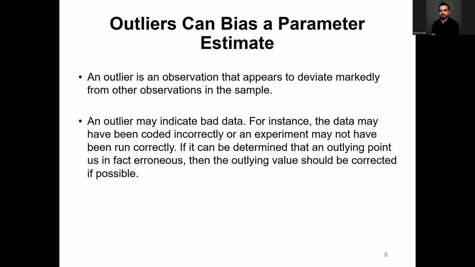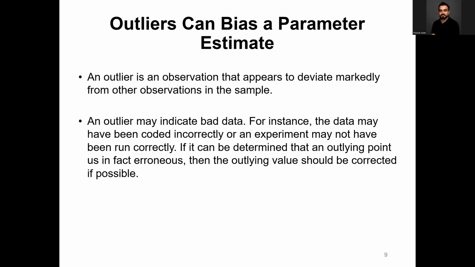So for example, let's say I measure BMI on 100 people. And the mean of the BMI in my sample is 25. I add one more participant to my data set. And the BMI of that participant is, let's say, 78 or 85.